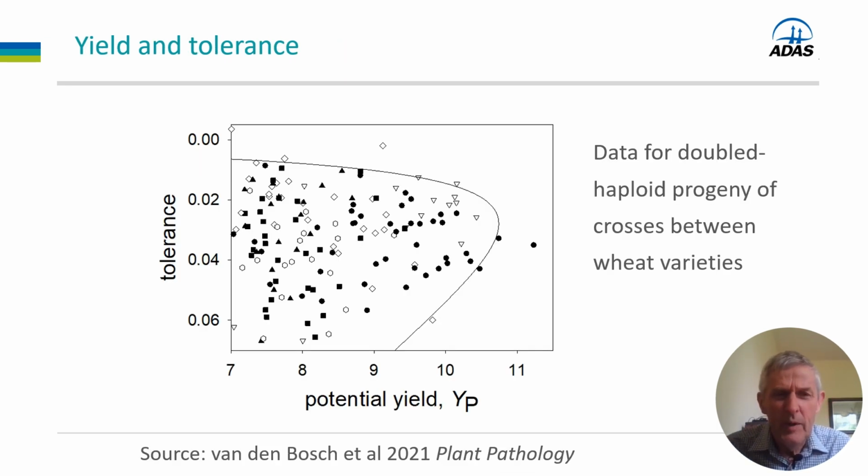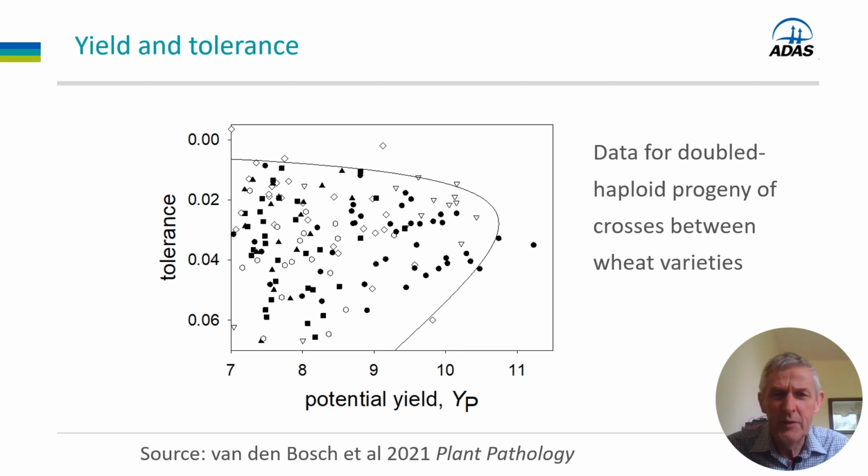Now, if we take a look at the data that we collected, this is data where we have taken two varieties or two breeding lines and crossed them, and created hundreds of offspring.